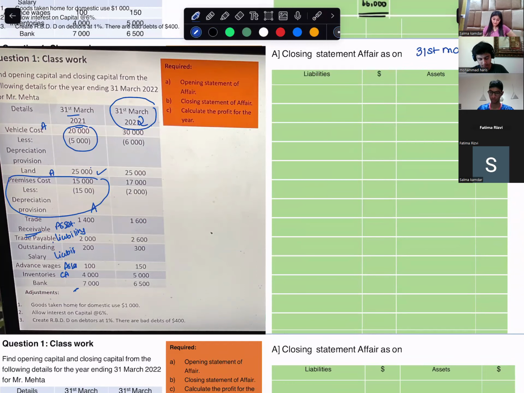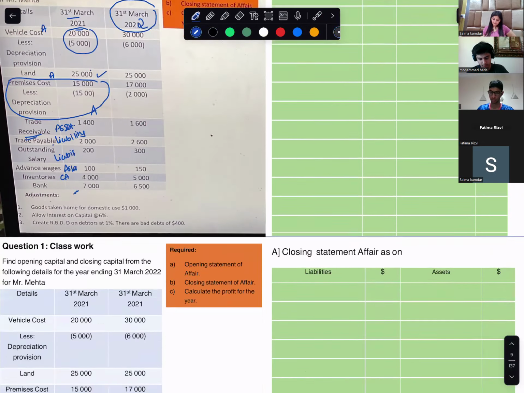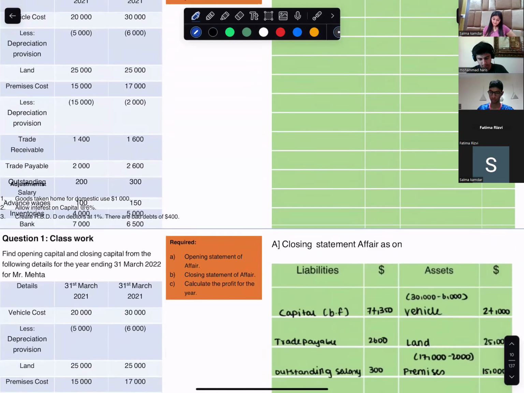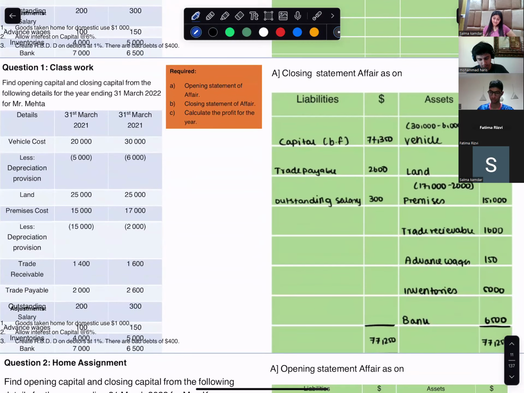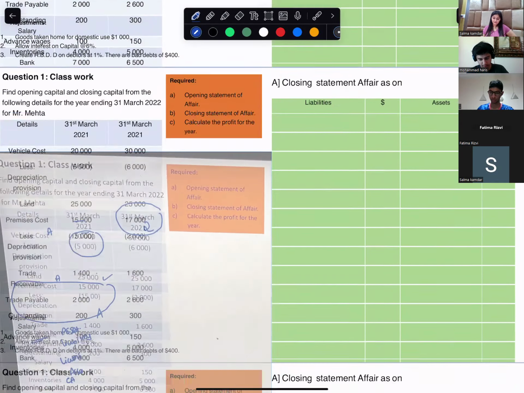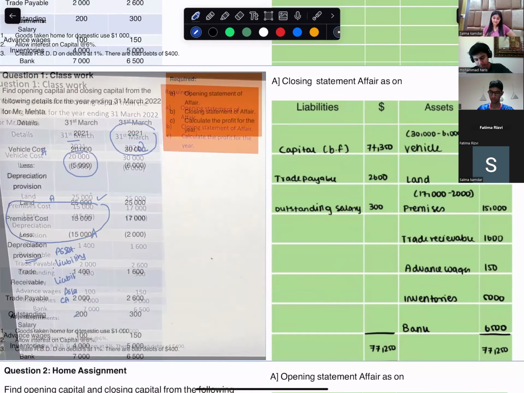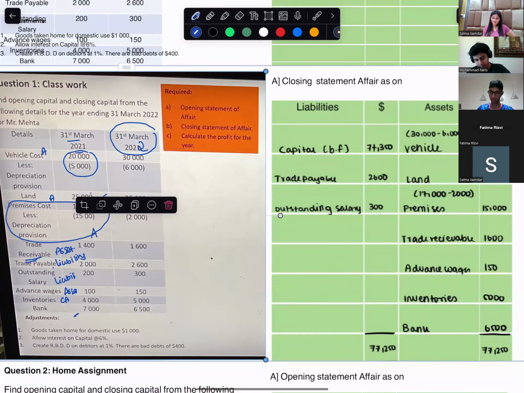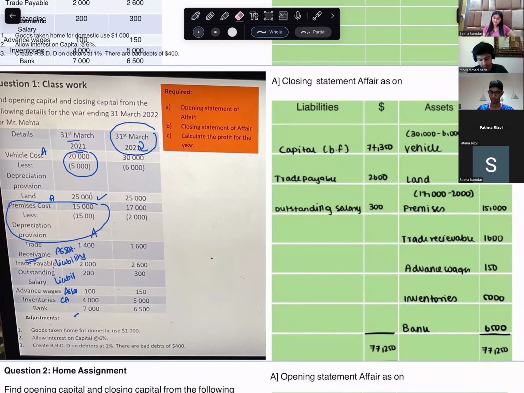How do you find the closing statement of affairs? Assets minus liabilities. The way you find out your opening statement of affairs, the same way you find out your closing statement of affairs: assets minus liabilities. We've already done the markings for assets.